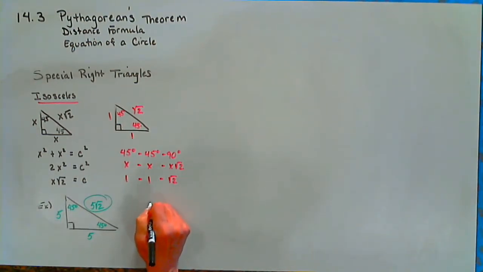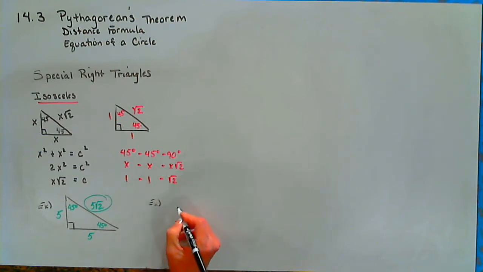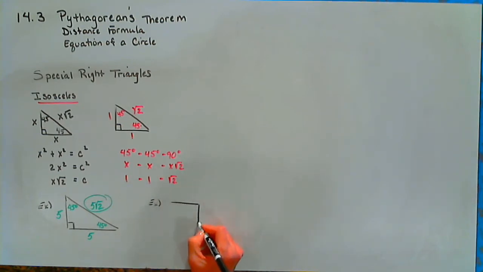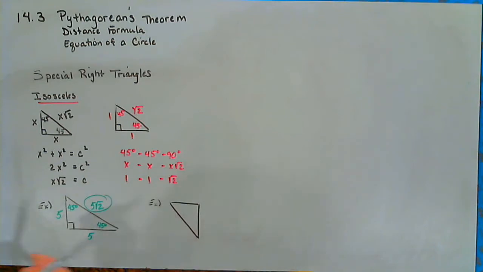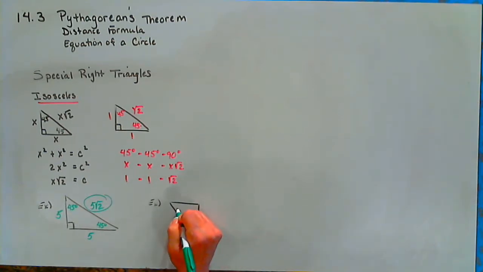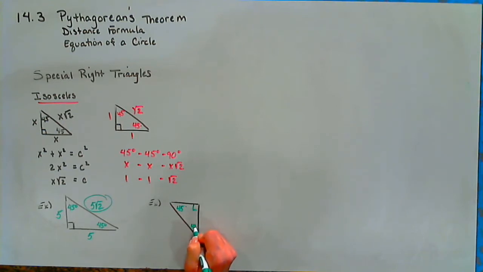Conversely, let's say I gave you this picture, and I give you that this is 45, 45, 90, and that the hypotenuse is 3 root 2.